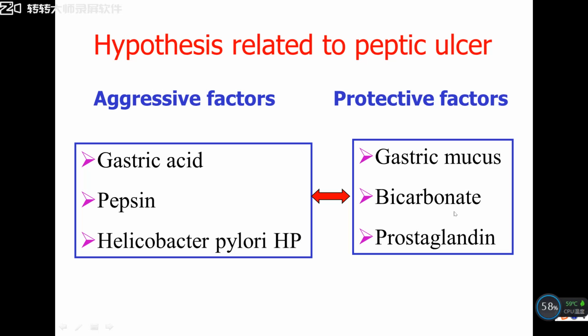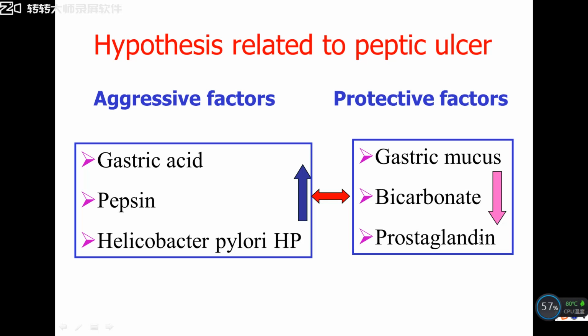They are basic solutions. Prostaglandins can protect the gastric mucosa from gastric ulcer. And for ulcer patients, the aggressive factors increase and the protective factors are reduced.